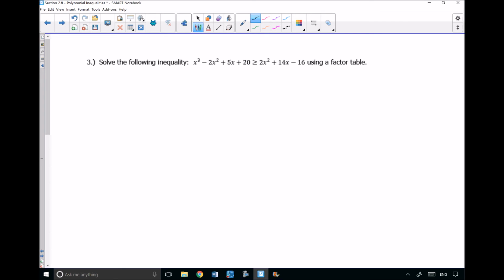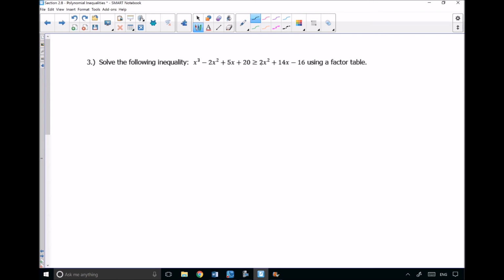Okay, so in order to be able to solve this, because I don't have a linear function, I need to get to a point where I have a greater than or equal to, or a less than or equal to, some type of sign here, but one side has to be 0. I'm going to get it on a side so that my leading coefficient is positive, so it's easier for me to deal with.